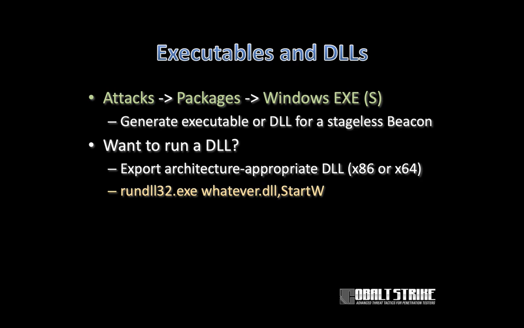When you export a DLL via this menu, be aware that you have the option to use Rundll32 to kick it off. And to do that, just use Rundll32 to run the exported function StartW. When you use Rundll32 in this way, make sure that you generate a DLL that is an architecture match for the Rundll32 you're running. So if you're running a 32-bit Rundll32, use a 32-bit DLL. If you have a 64-bit Rundll32, use a 64-bit DLL.